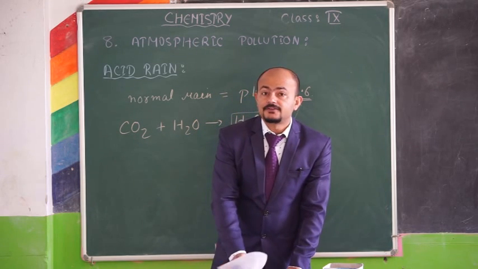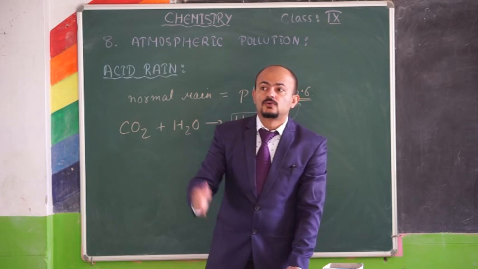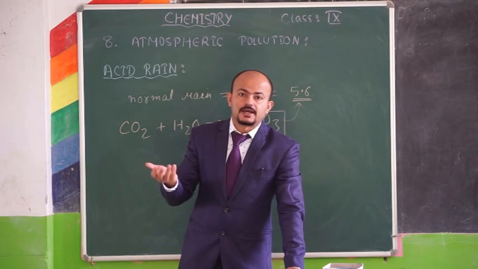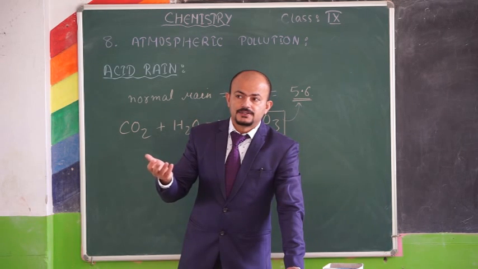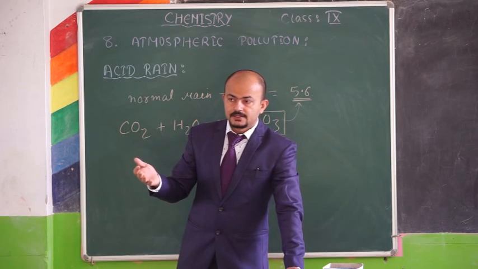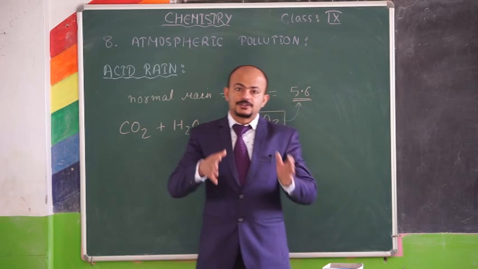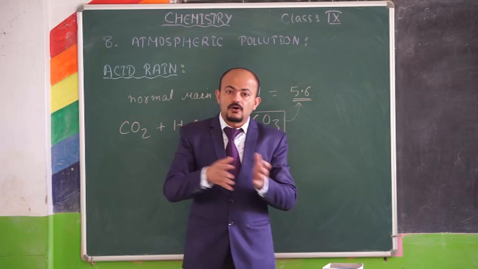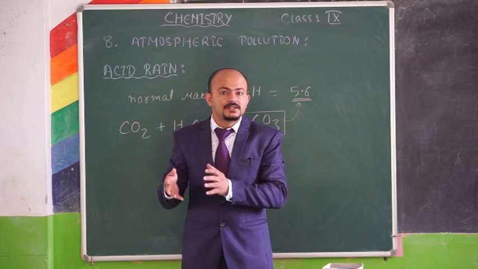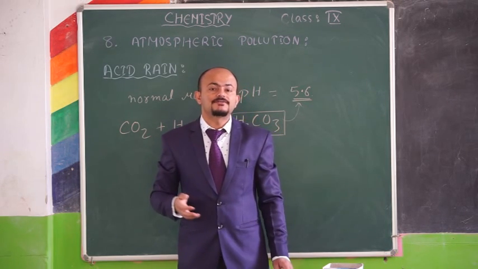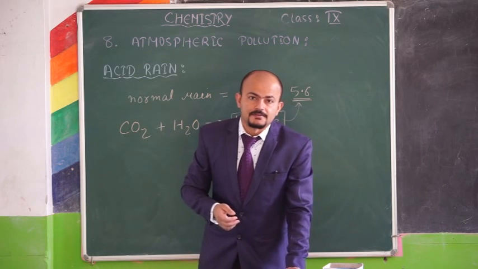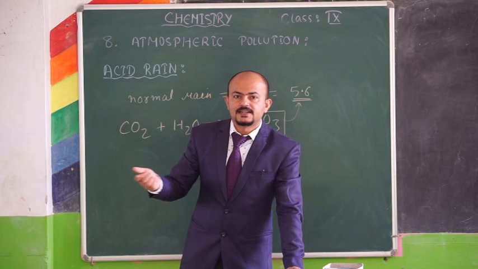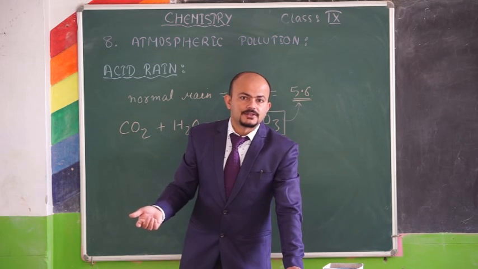And sulfur is always present in coal plants, and from these coal plants, whenever we have this sulfur which is present as impurity is oxidized, means they are burned, then we get oxides of sulfur, mostly sulfur dioxide, then sulfur trioxide, then finally they react with the water to form sulfuric acid.